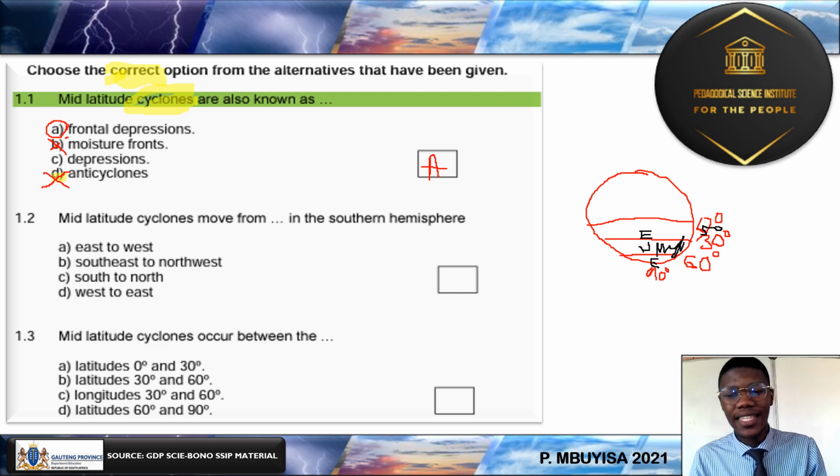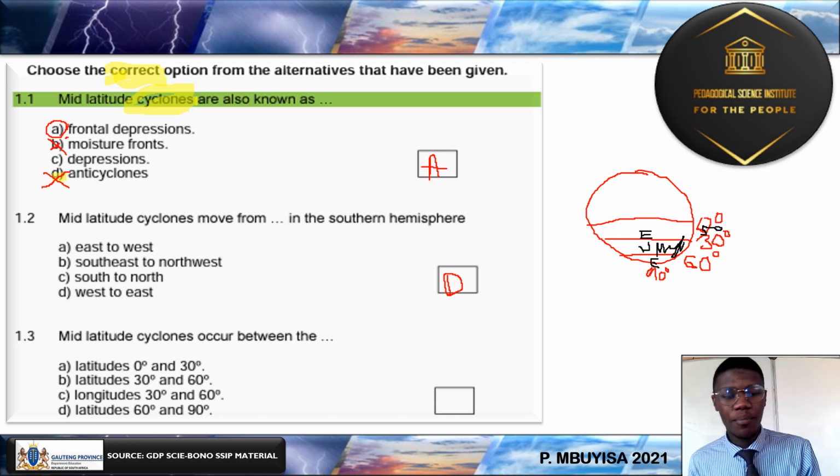So between 30 and 60 degrees the winds originate from the west, which means our mid-latitude cyclones will move from the west to the east, which means D is the most correct answer and the others are incorrect. So that's the reasoning behind that.